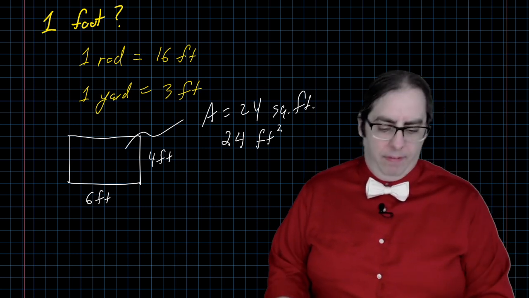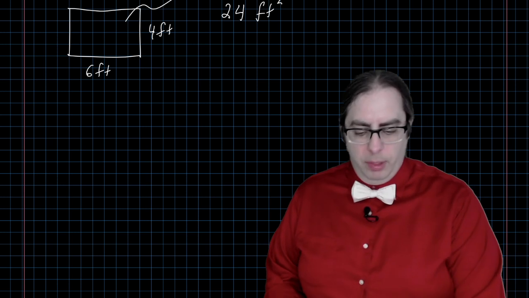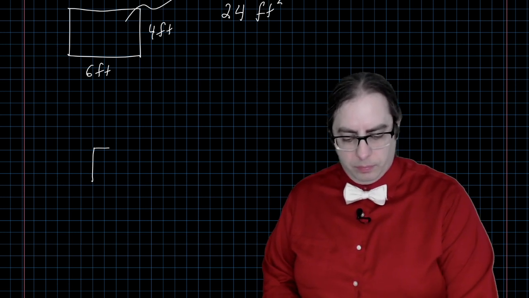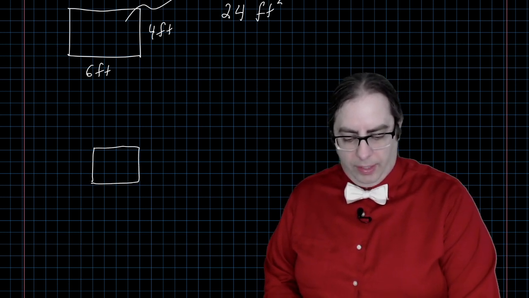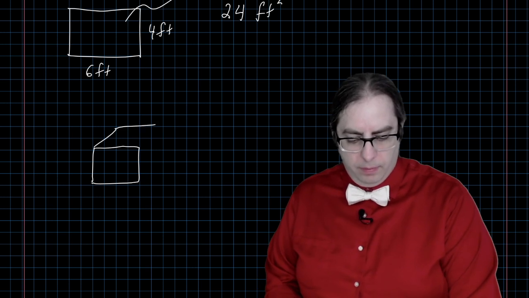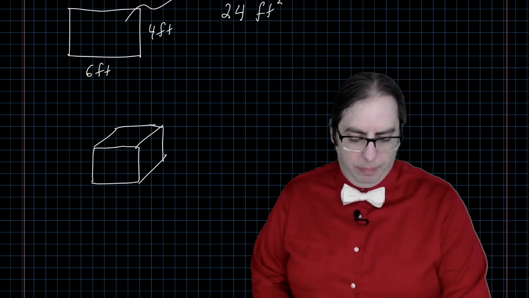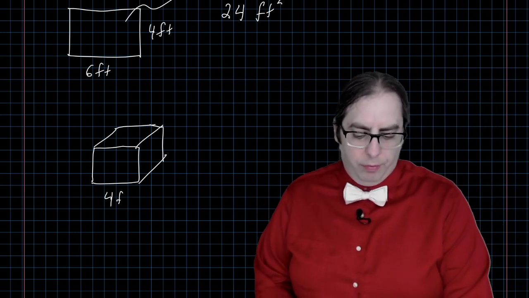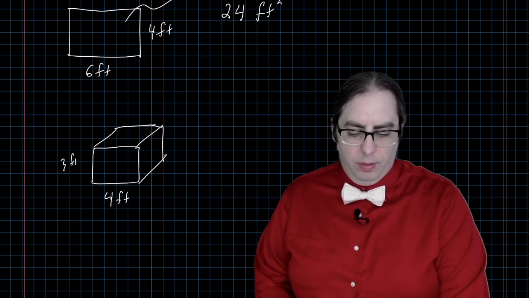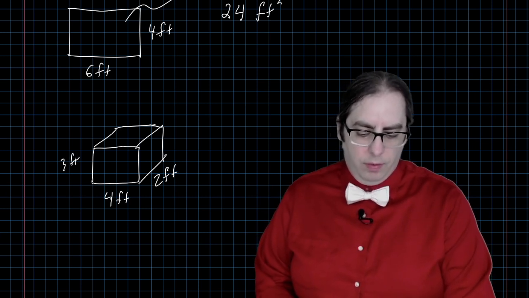Likewise, we can have a cube. Let's see if I can draw a cube today. That's a reasonably good approximation of a box or a cube or something. And maybe this measures 4 feet by 3 feet by, say, 2 feet.